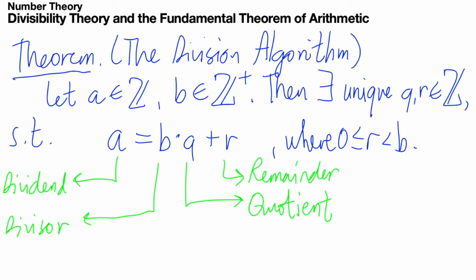Let's give a proof of this theorem, the division algorithm. This proof will consist of two parts. First, we need to establish the existence of the integers q and r, so we will call that the existence proof.